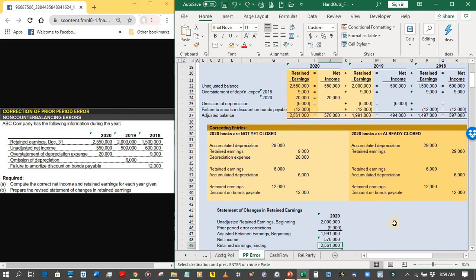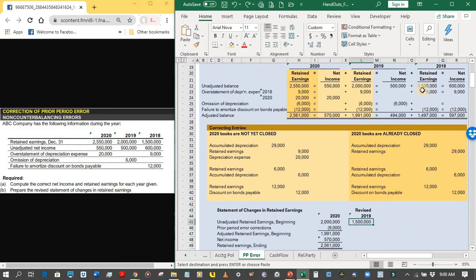Then since this is a comparative financial statement, this will be comparative with the 2019. However, the amount should be the revised account balance. So to start the revised account balances in 2019, the unadjusted retained earnings at the start of 2019 is the 1.5 million pesos.